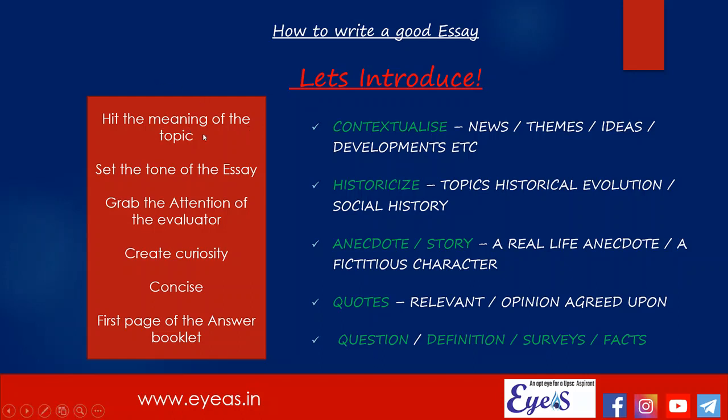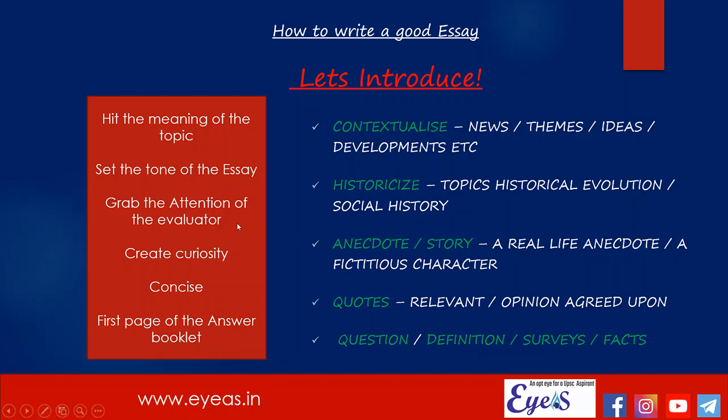The meaning should not deviate from the expected meaning of the topic. In the introduction, you can set a tone for the essay. You can be positive about the topic, you can be negative about the topic, and it will be your duty to continue this tone more or less throughout the essay, even in the conclusion.